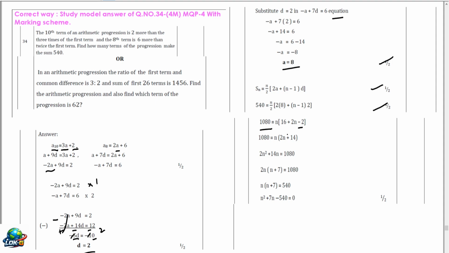Remove the bracket: n into 2n plus 14. Remove the bracket: 2n square plus 14n is equal to 1080. If you take 2n common, you will get n into n plus 7 is 540. Now you can write the quadratic equation n square plus 7n minus 540 is equal to 0.